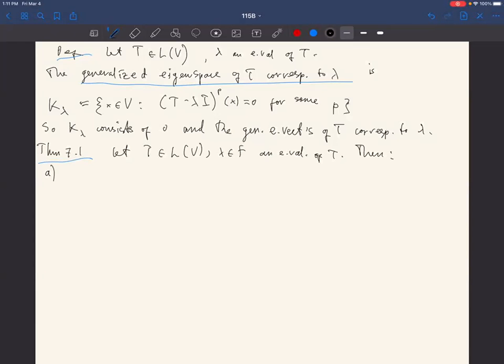First of all, since we call K lambda a generalized eigenspace, we're going to show that indeed this name is suggestive because it actually contains the usual eigenspace corresponding to the same eigenvalue. So we have that K lambda is a T invariant subspace of V, and it contains E lambda.